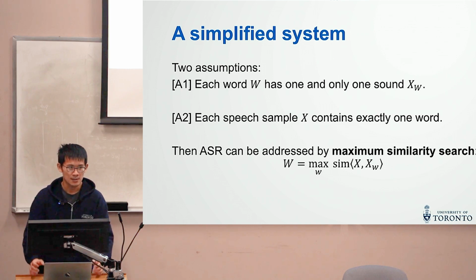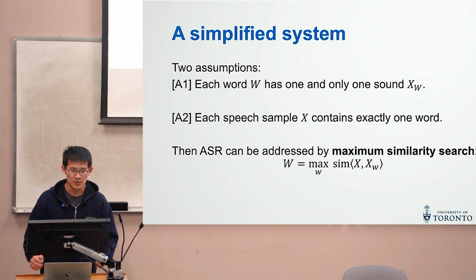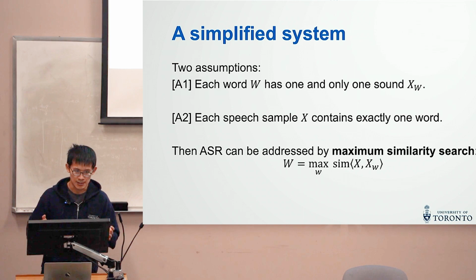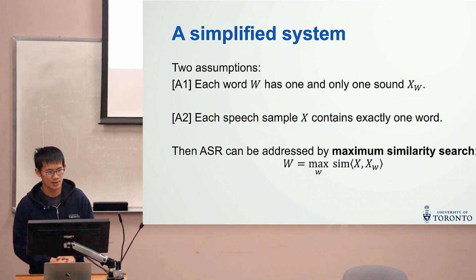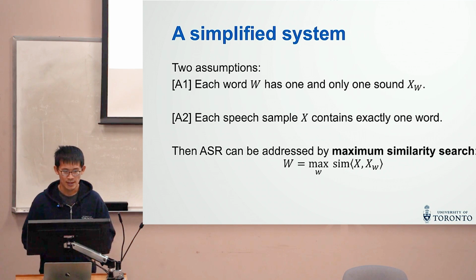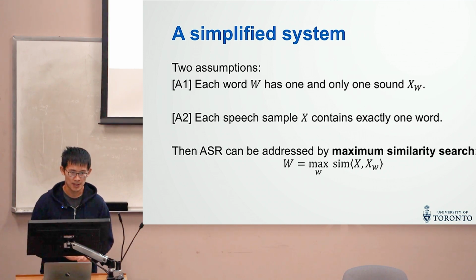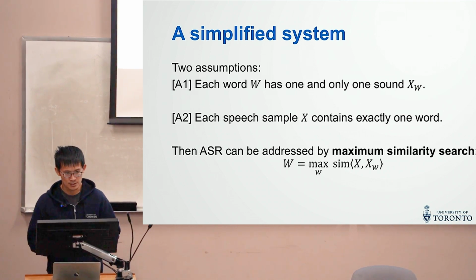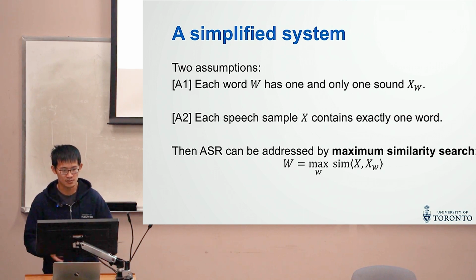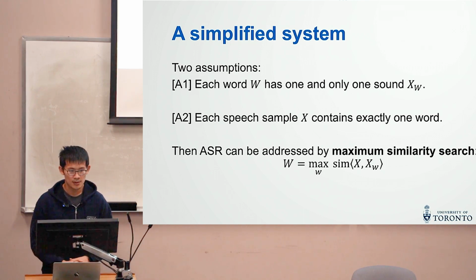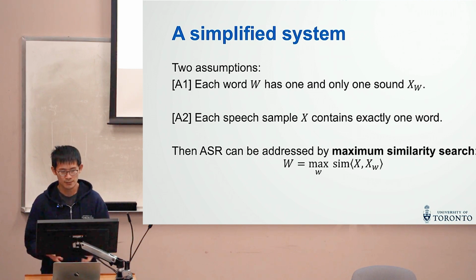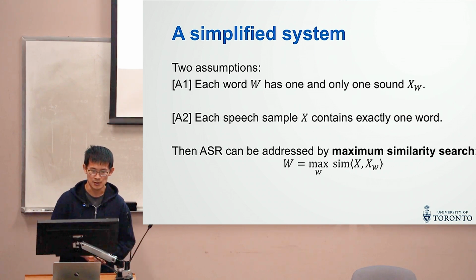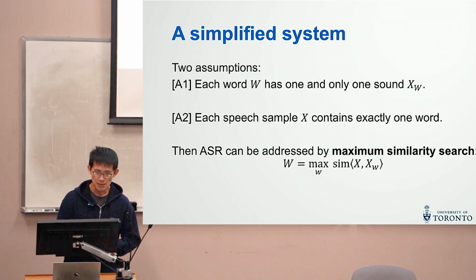We collect a large dictionary containing how every single word in the vocabulary sounds. When we hear a speech sample, we compare it to every single entry in our dictionary and take the maximally similar item as the recognized word. So this is essentially a maximum similarity search: we have the samples of a word, we query with the speech sample and find the word that has the maximum similarity with it.